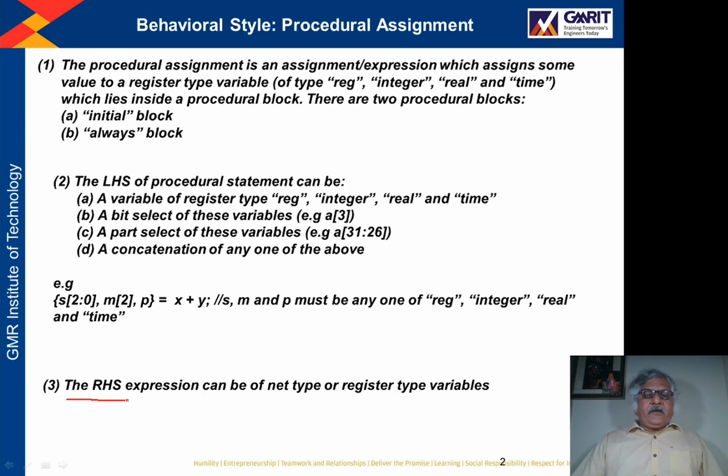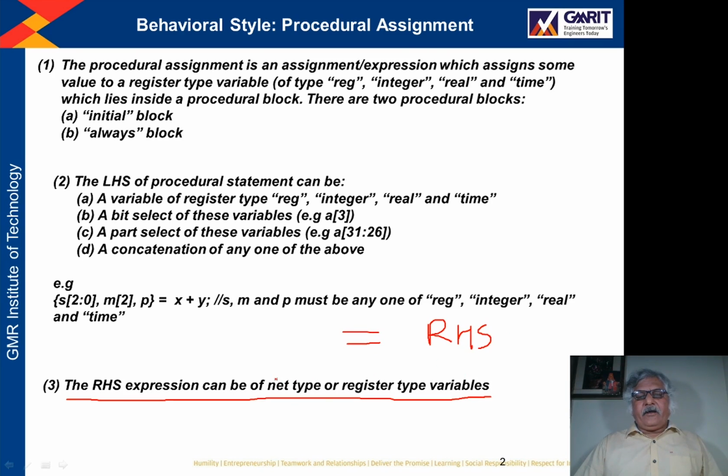Now the right hand side expression can be of net type or register type variables. So this right hand side can be net type or register type, whereas the left hand side expression can only be register type.